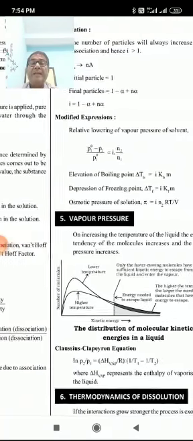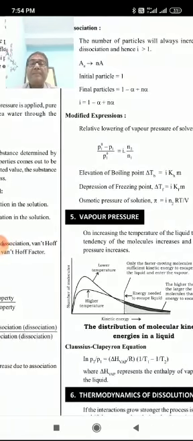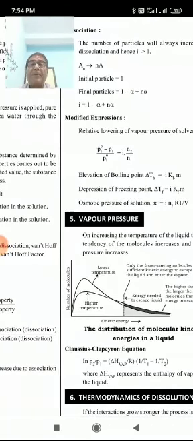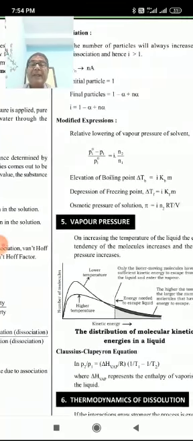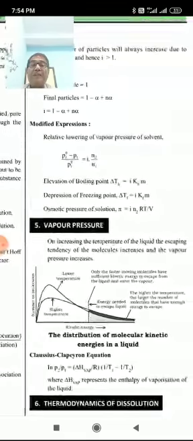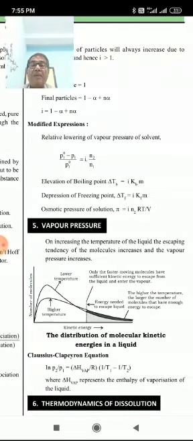Let the formula of the compound be A_n; when it dissociates, the number of ions formed will be n. Let the initial particles be 1, therefore the final particles will be 1 minus alpha plus n alpha. Therefore, i will be equal to 1 minus alpha plus n alpha.